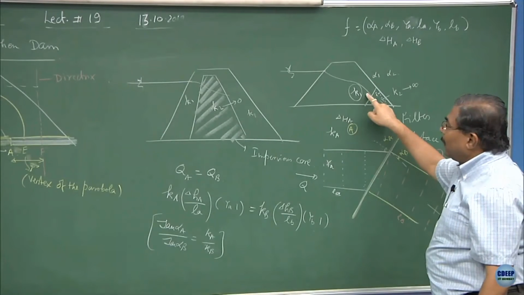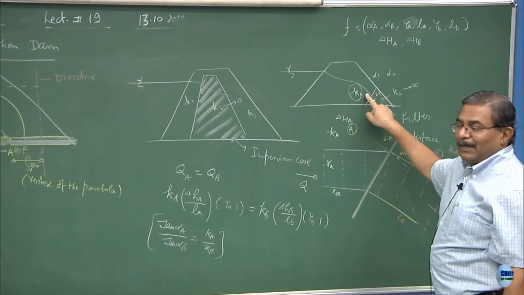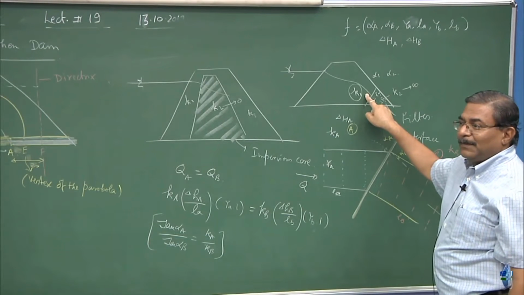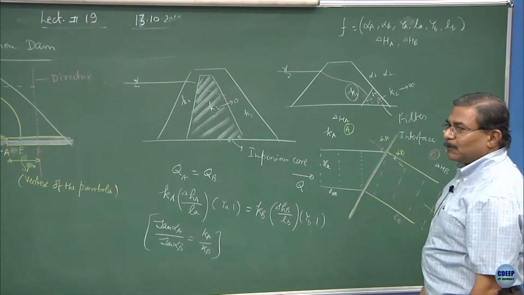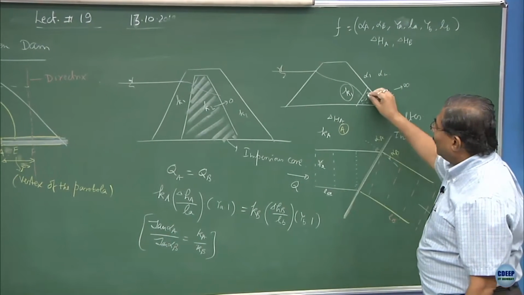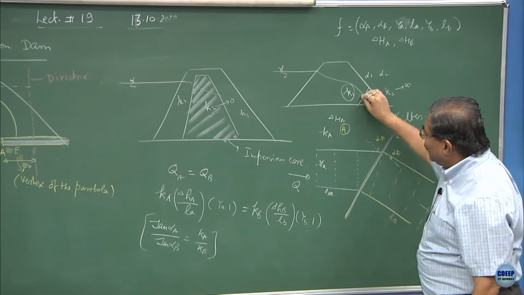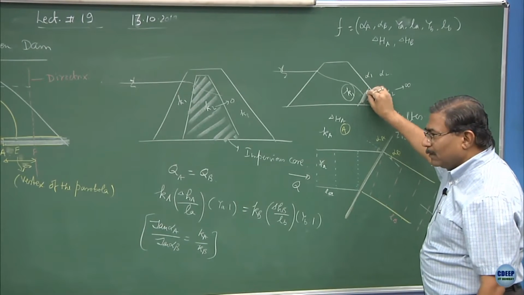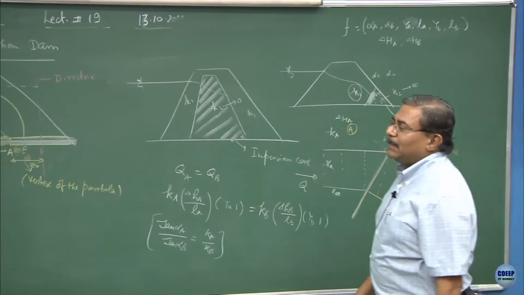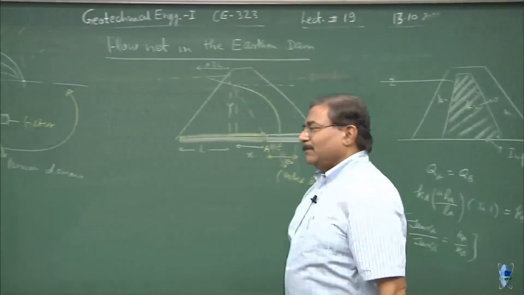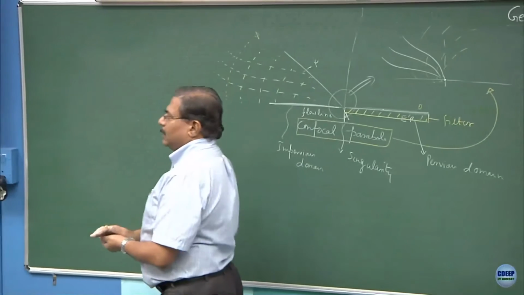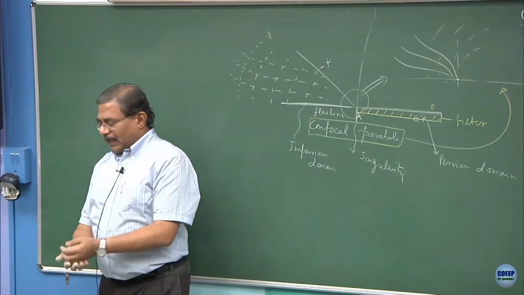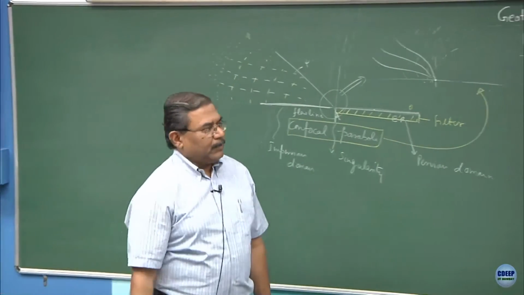The seepage line will never enter in a media which is highly permeable, and hence what is going to happen? The flow is going to take place parallel to the plane of the filter. It bypasses the media. Now, this concept is used for designing most of the filters in industry as well as in various civil engineering projects.